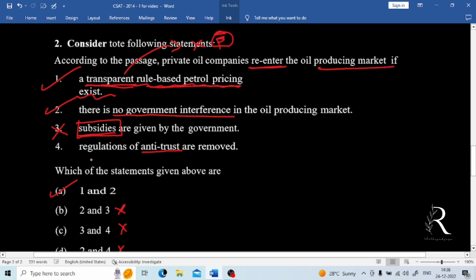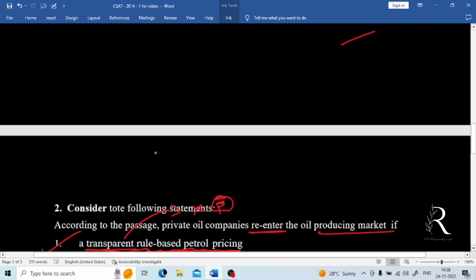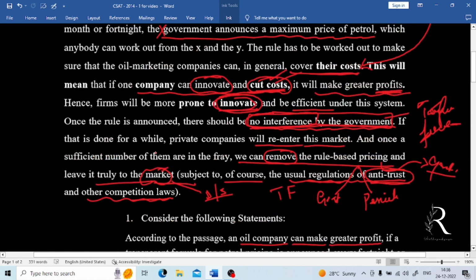You got the point? The fourth one says regulation of antitrust are removed. I don't even want to think about it. The word is there, but what is it talking about? It is talking about subject to, of course, the usual regulation of antitrust.